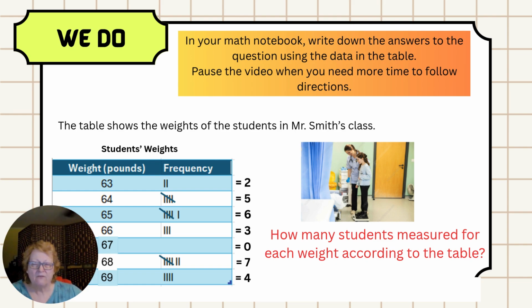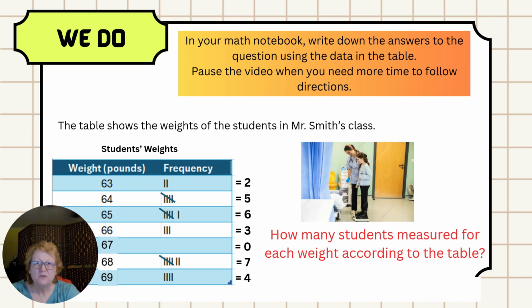There are 5. 65 pounds? There are 6. 66 pounds? There are 3. 67 pounds? There are 0. 68 pounds? There are 7. 69 pounds? There are 4. We've identified the data from our table.